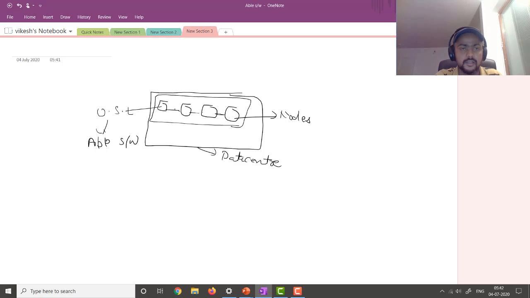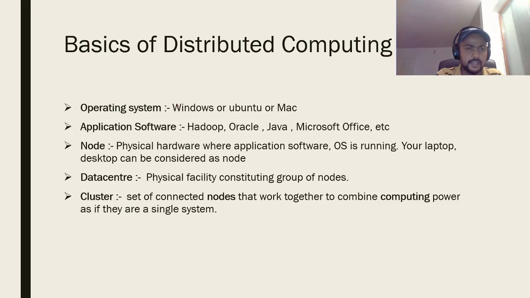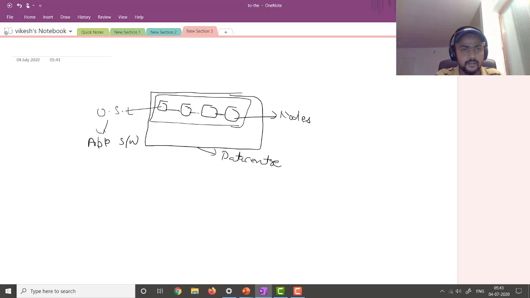So these all are nodes, and on each node we will have an operating system. These nodes will be running some sort of operating system, and on the operating system you will have the application software of Hadoop and your code as well, obviously. So this is how the basic distributed programming model stack looks like in practice.